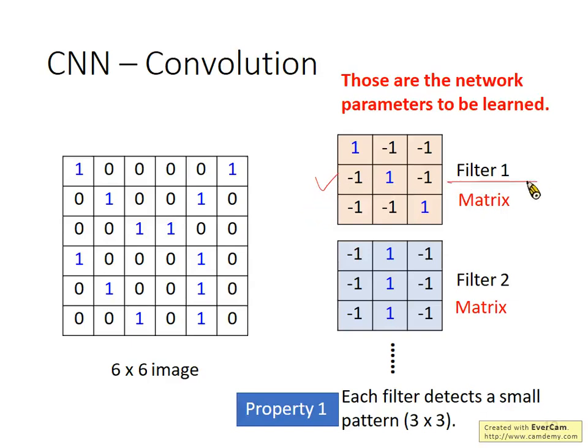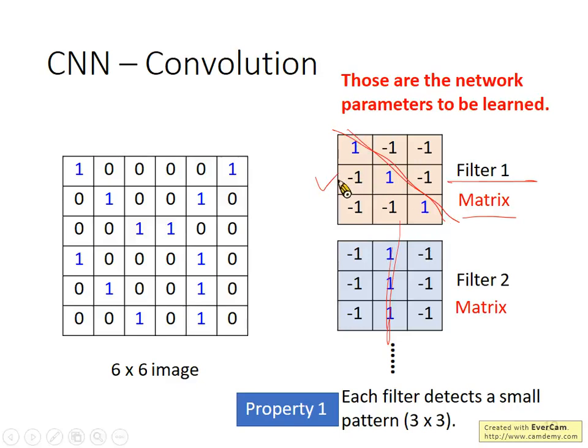For example, the first filter detects the diagonal pattern, the second filter detects the vertical pattern, and so on. Corresponding to the first property, we don't need to consider the whole image to detect a specific pattern. In this case, we just consider a 3x3 region to detect a specific pattern.